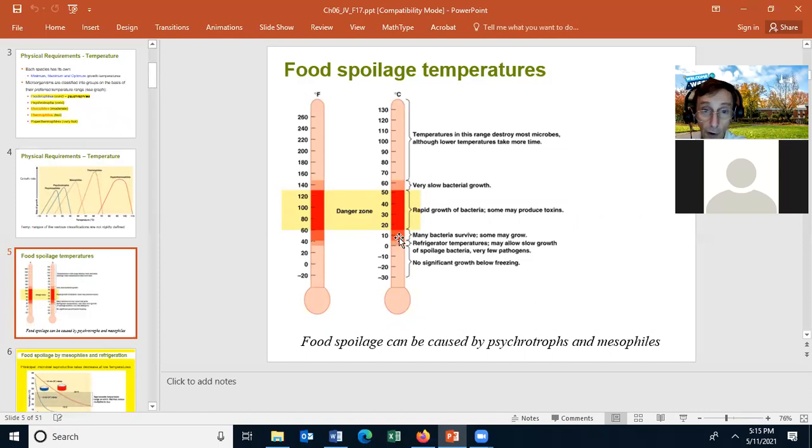And as you know, bacteria can grow in food in your refrigerator, but the bacteria grows slow and the spoilage of the food can happen slowly.